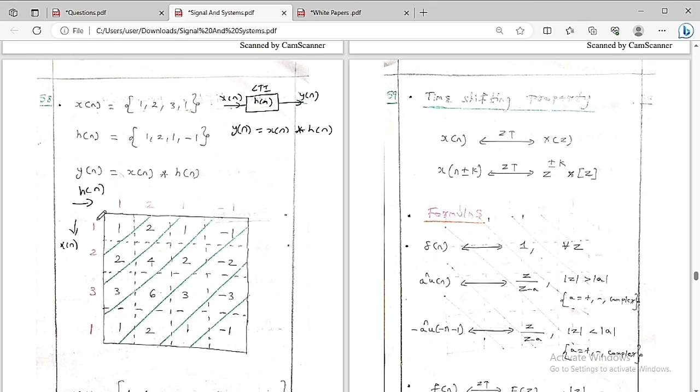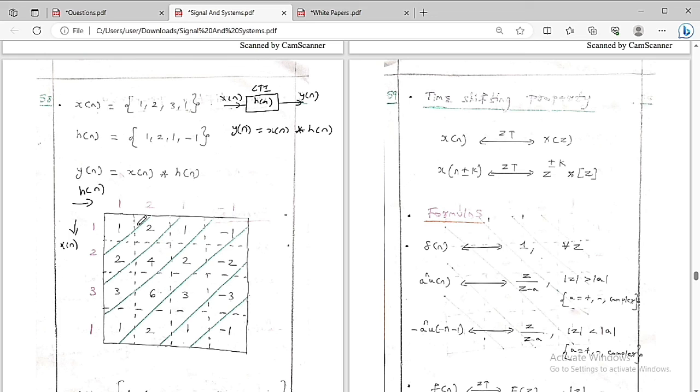Then do the multiplication. 1 into 1 is 1, 1 into 2 is 2, 1 into 1 is 1, 1 into minus 1 is minus 1. 2 into 1 is 2, 2 twos are 4, 2 ones are 2, 2 into minus 1 is minus 2. 3 into 1 is 3, 3 into 2 is 6, 3 into 1 is 3, 3 into minus 1 is minus 3. 1 into 1 is 1, 1 into 2 is 2, 1 into 1 is 1, 1 into minus 1 is minus 1.